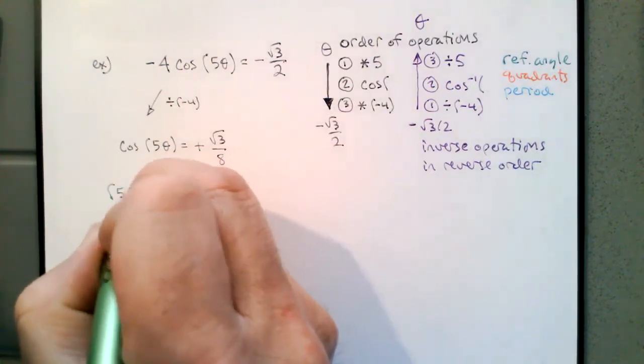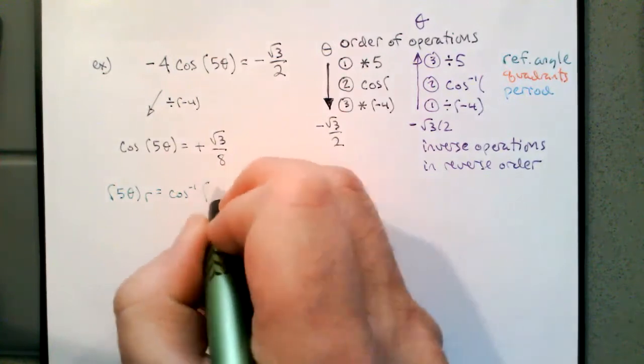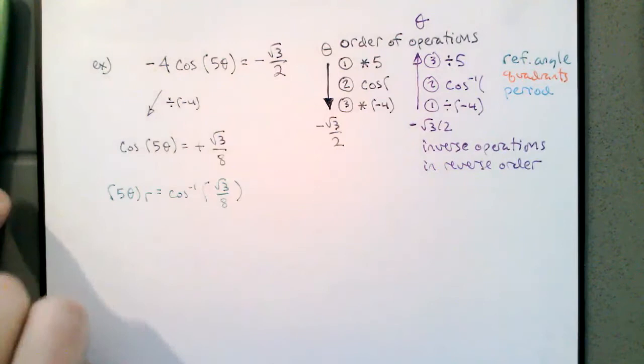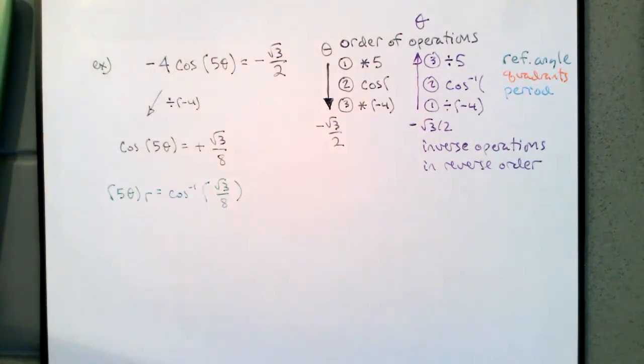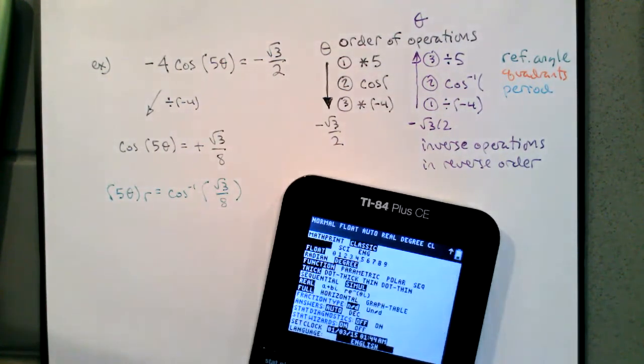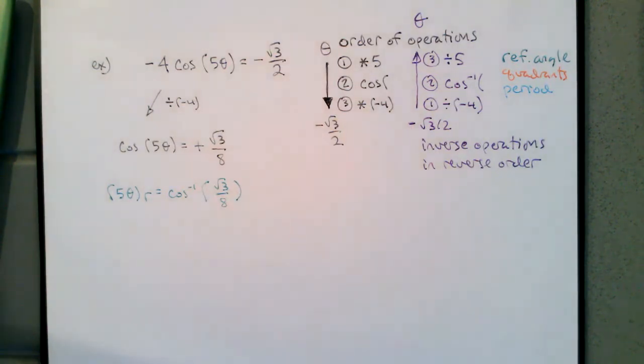I'm going to find the reference angle for 5 theta with the cosine inverse of root 3 over 8. Now in this case, I lost my root 3 over 2 that I knew, and now it's some funky root 3 over 8. So I'm going to have to resort to the calculating machine. Calculators in degrees, so I'm just going to do the problem in degrees. That won't be a disaster at all. So cosine inverse of root 3, close parentheses, divided by 8, close parentheses, is 77.5 degrees, let's call it.